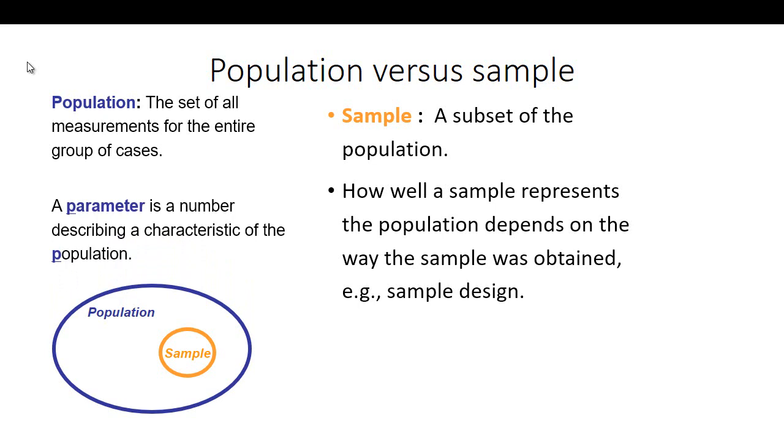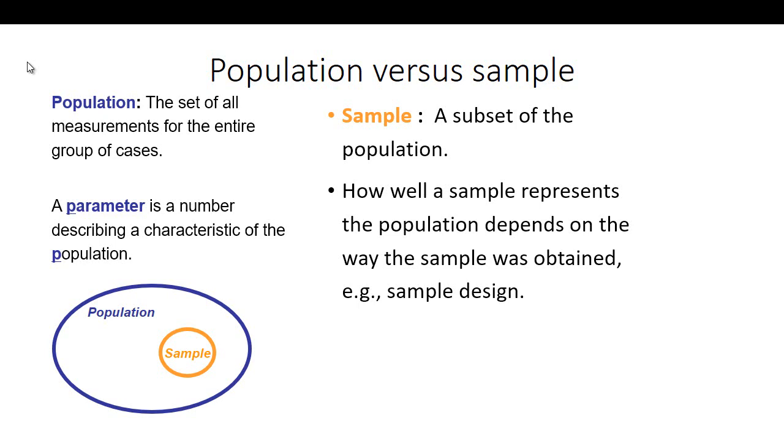A parameter is a number based on the entire population. So again, if we are interested in President Trump's favorability in the 2020 election, then what we are measuring is whether voters favor President Trump or not.